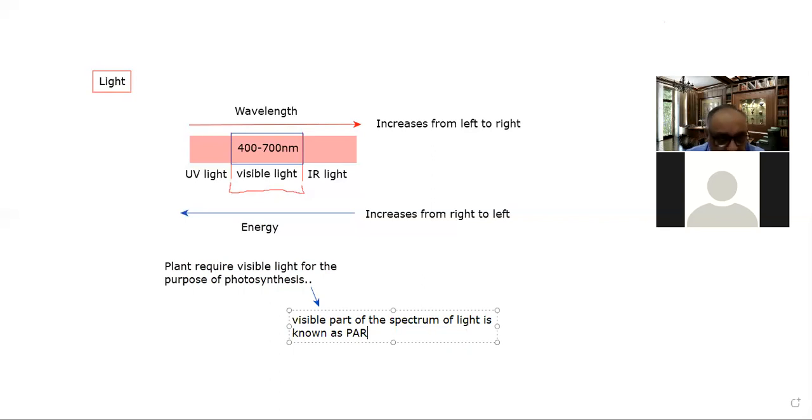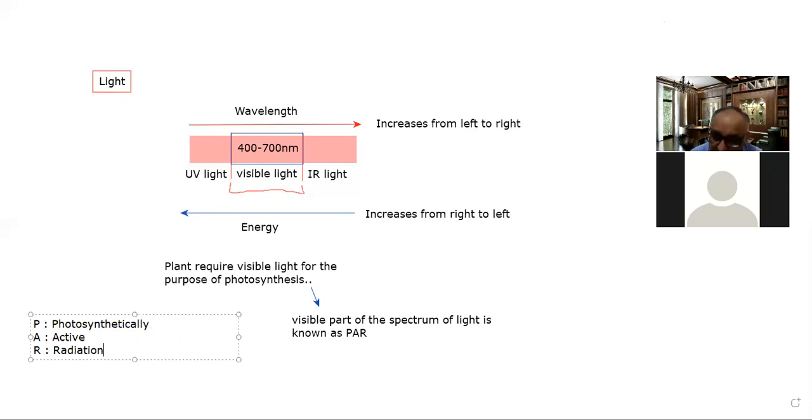P stands for photosynthetically, A stands for active, and R stands for radiation. So photosynthetically active radiation, PAR. This is important.